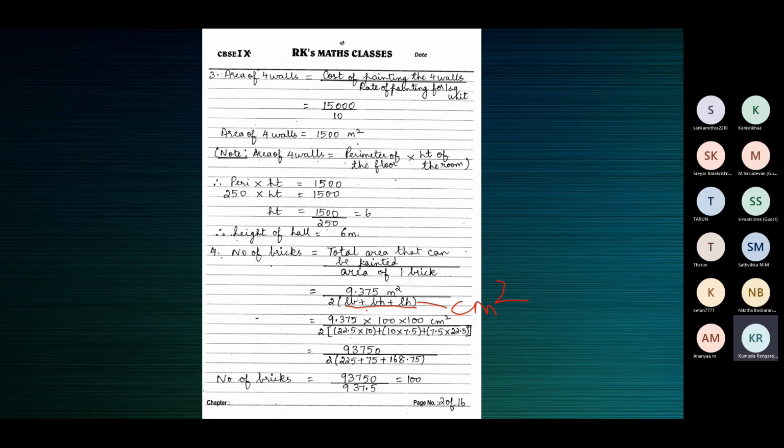Okay, so the numerator meter square, how do we convert it to centimeter square? So it's like this. Now, for example, when we say 2 meters square, let me take a simpler example.